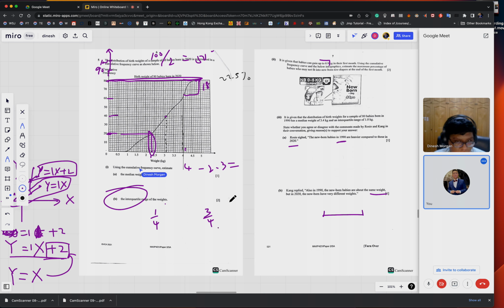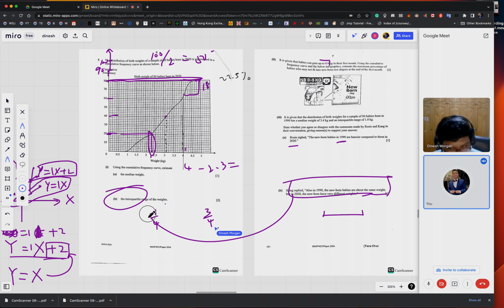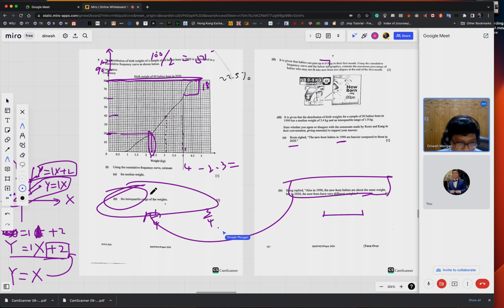So when it comes to questions like this, if you know that the later part has to use answers from the first part, then you make sure that your first part is correct. Because the logic is, if you make a mistake, you should correct the mistake before you move on.